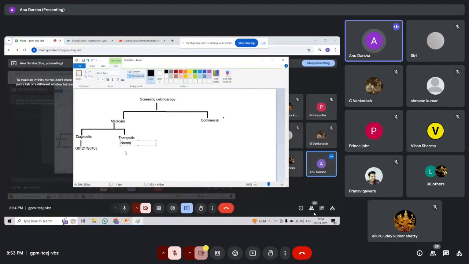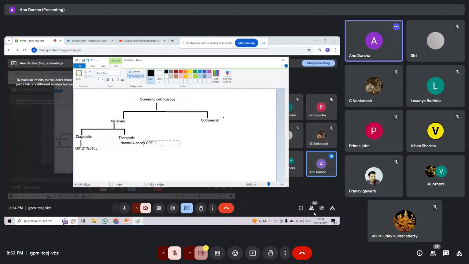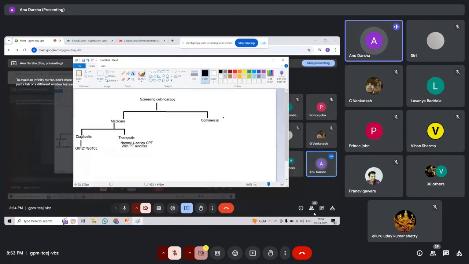Okay, normal 4 series CPTs with the PT modifier. Okay, this is about the Medicare.